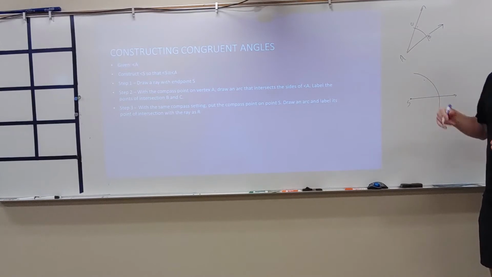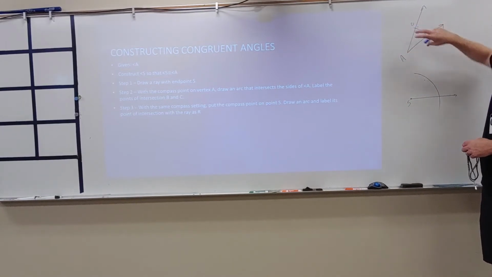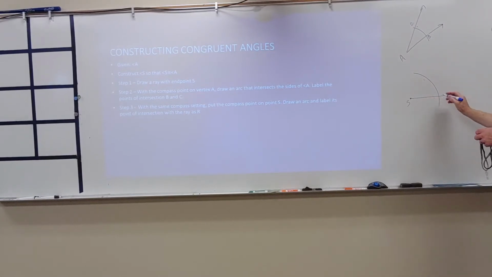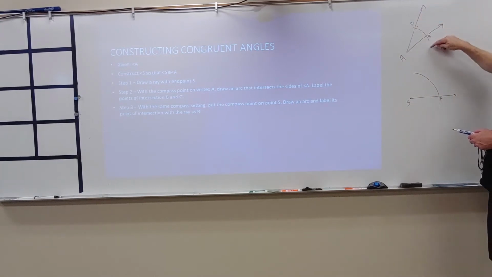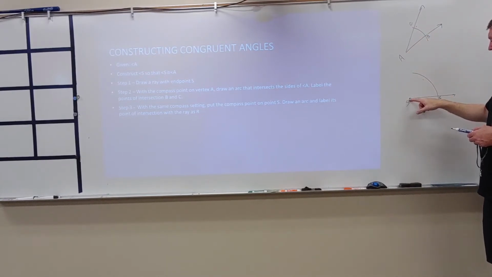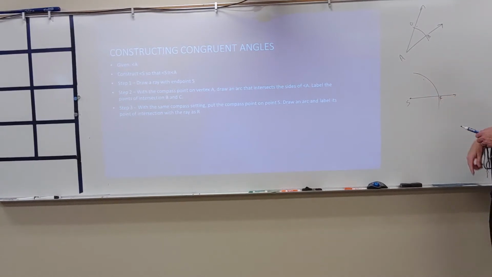Depending on how big your angle is, the arc's got to be bigger than this angle. All right. So this point right here, I'm going to label as R. So now you should have your main angle has an arc across it, B and C. You're going to take that same measurement from S and you're going to create an arc. Where it intersects the ray, you're going to label that as R.